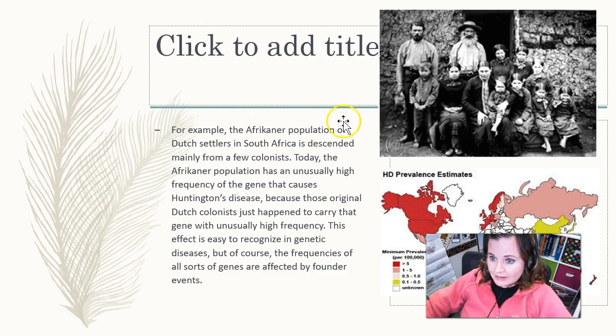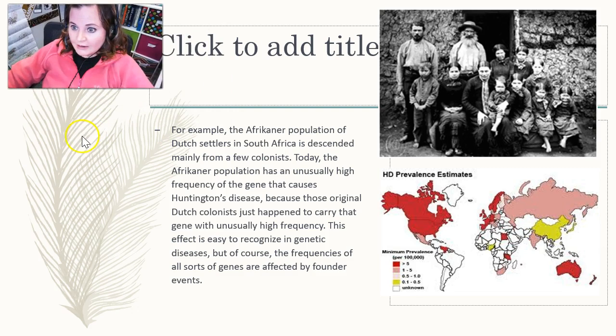An example here is the Dutch settlers in South Africa, called the Afrikaner population. In this case, this small colony of people created a larger population from the small colony. But because they were isolated, they didn't have a lot of people coming in and providing new genetics, they have a very limited number of variations in their population because it was a very isolated and very small population.